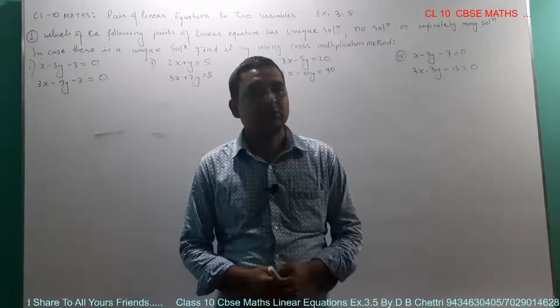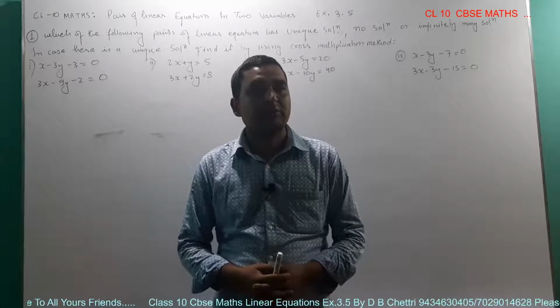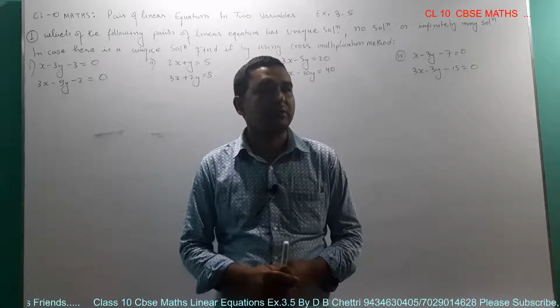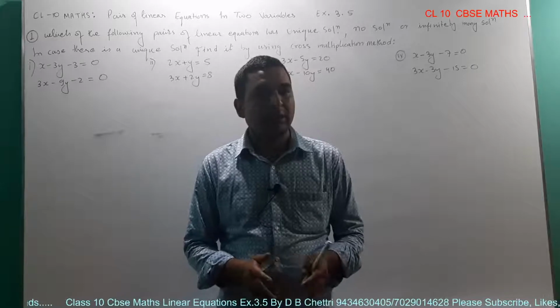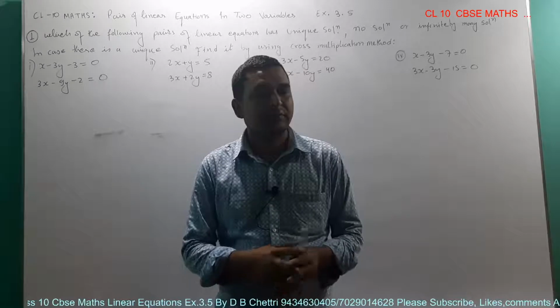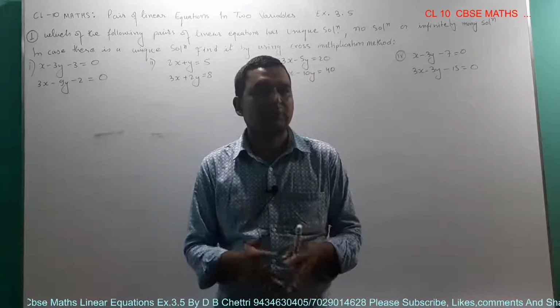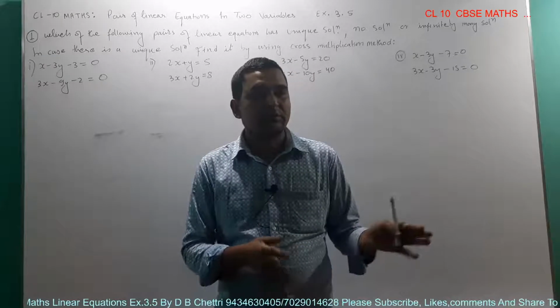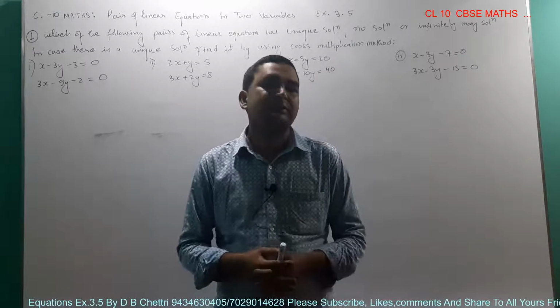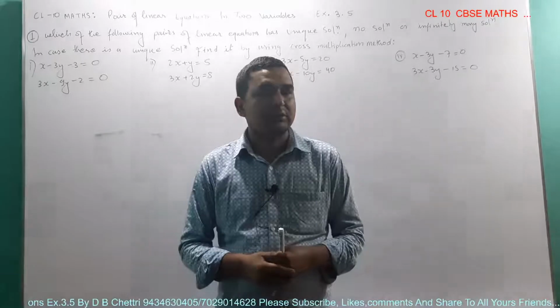The question asks to solve the pair of linear equations by the cross multiplication method, which is more important for higher level. I like to solve linear equations by this method because it gives the answer of two variables together. There is no need to substitute, as in the substitution and elimination methods.